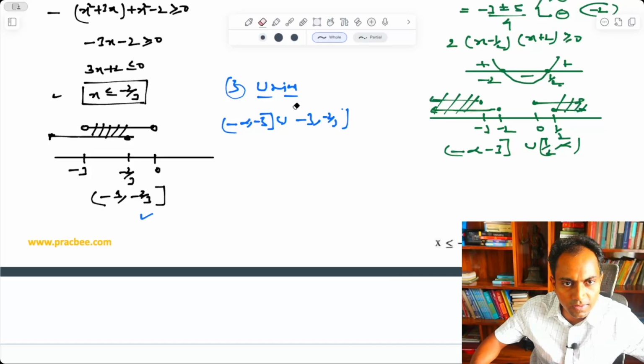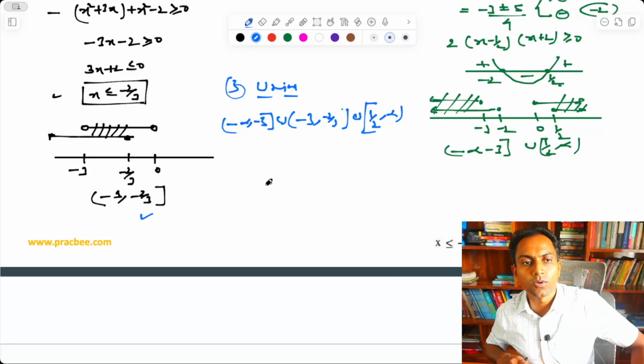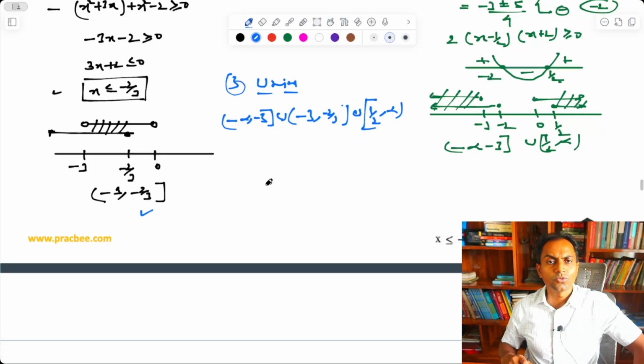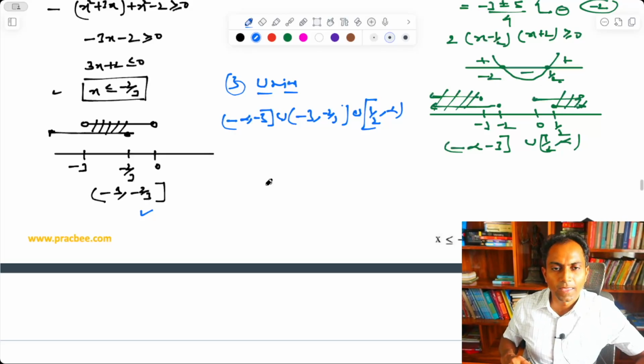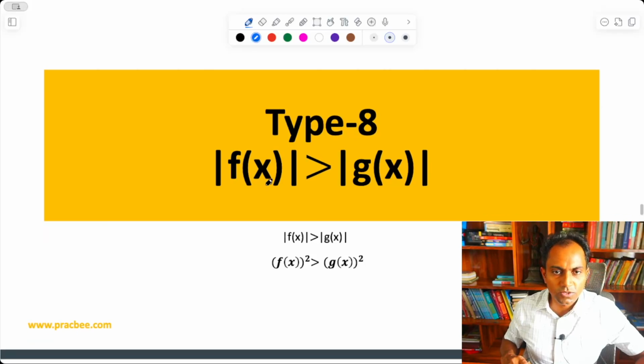And once we have done that, comes the last part that we have written on the other side, union 1 by 2 to infinity. So again we have followed the same rule, but since there was one modulus, there was no need to take the number line concept.